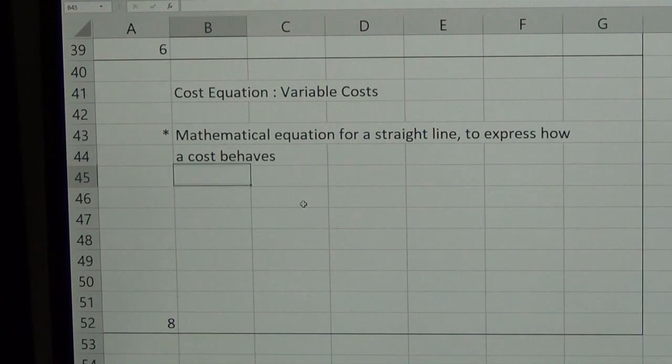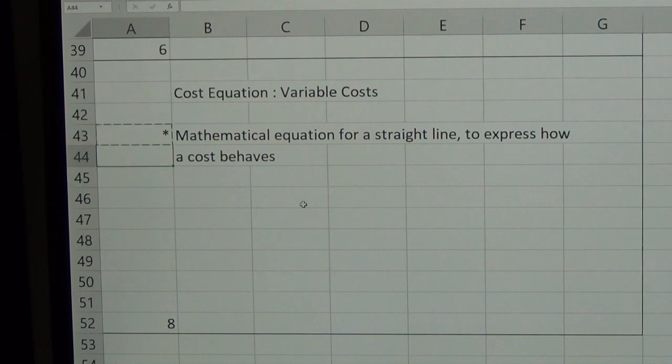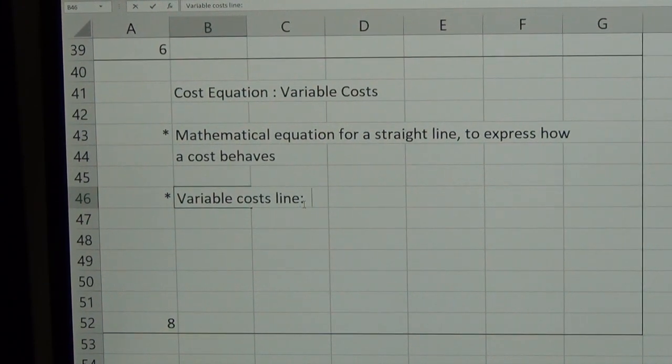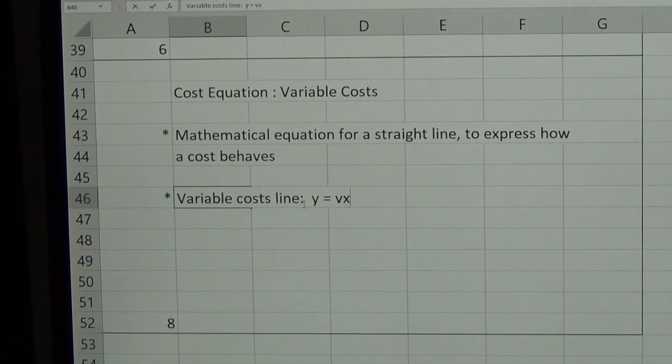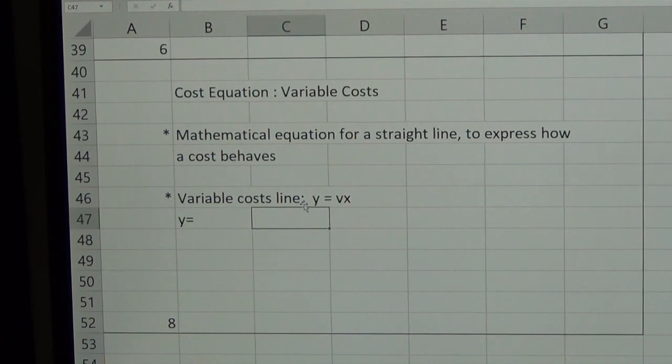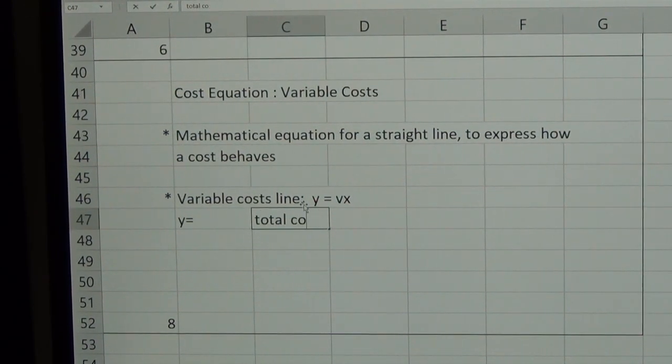This is going to be like a slope type equation that you probably remember from algebra, but we're talking about the variable cost line. The variable cost will be y equals vx, v times x, where y is the total cost, total variable costs.